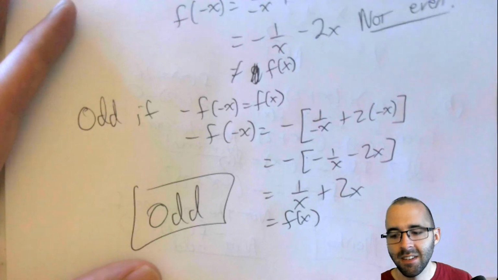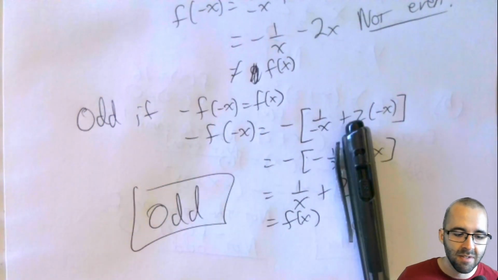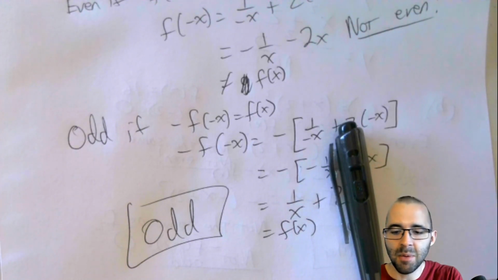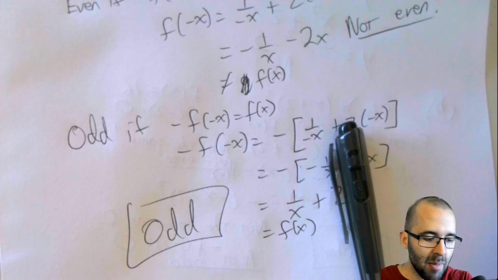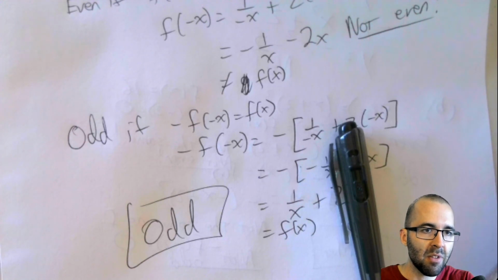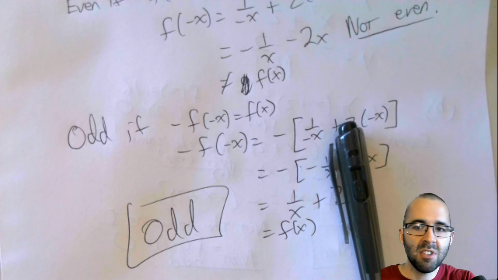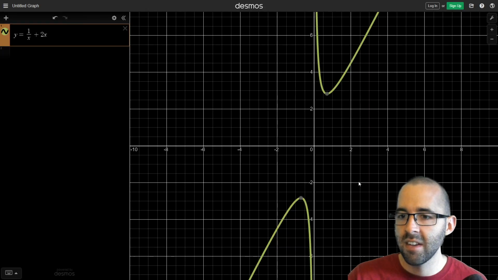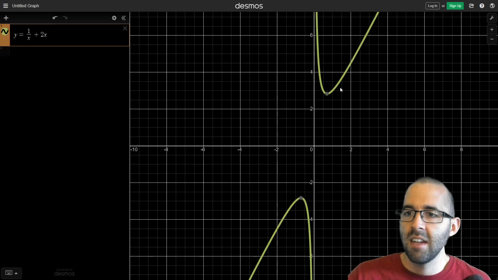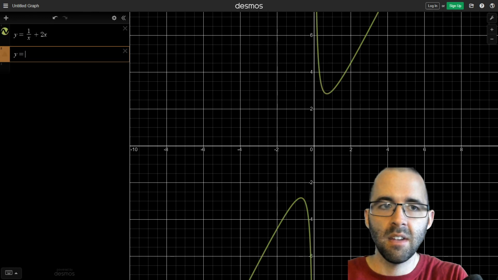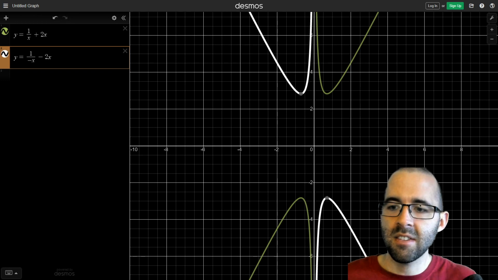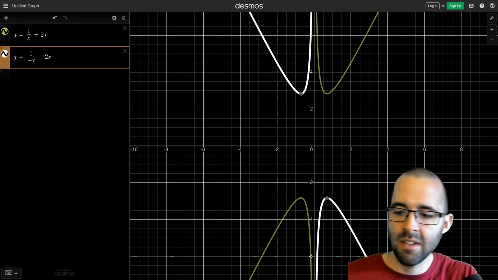Great. Okay. That's even and odd functions. And again, if you were to plot this function, it should have that sort of double symmetry. Symmetry about the origin, we say. y equals 1 over x plus 2x. What does that look like? Actually, it looks pretty bizarre. Notice that if you reflect this both ways, reflect it one way, it looks like this, the white graph.